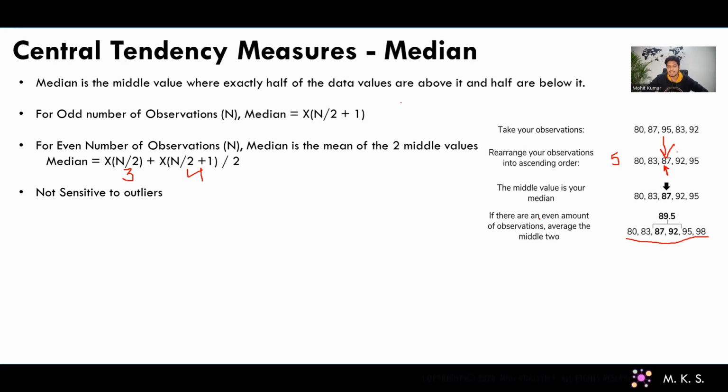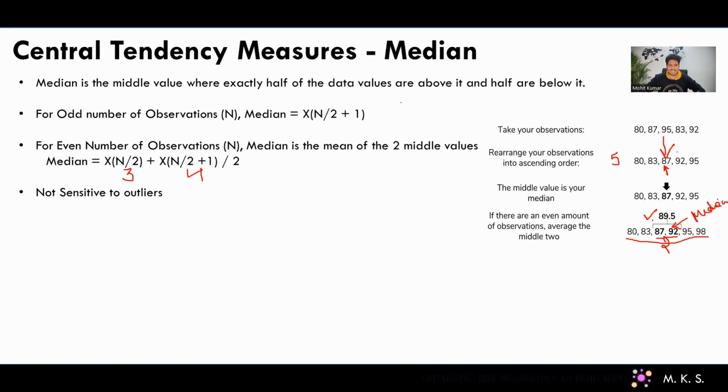So you have to pick the values at index 3 and 4, sum them, and then divide by 2, because we are taking the average of the values present at the third and fourth index, right? So 87 plus 92 divided by 2. This is the formula you will get, and that average will be nothing but the median, right? So in this case, 89.5. So this is how you calculate, guys, for odd and even numbers of observations.